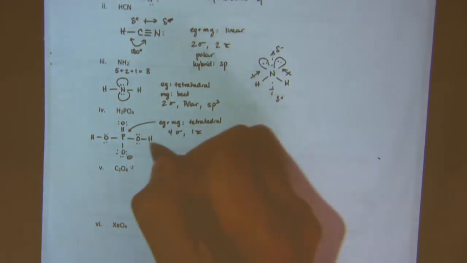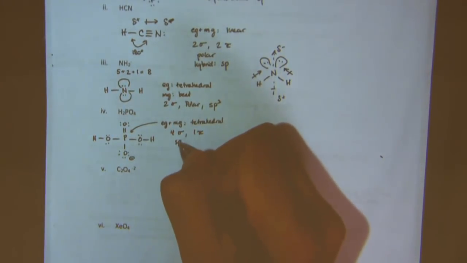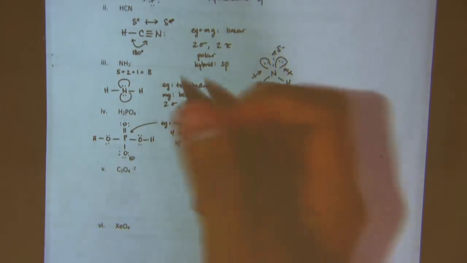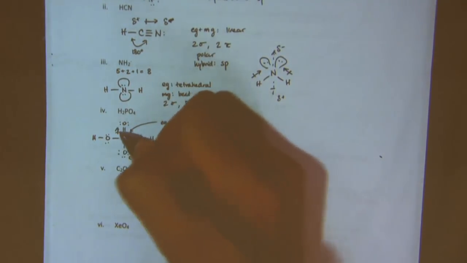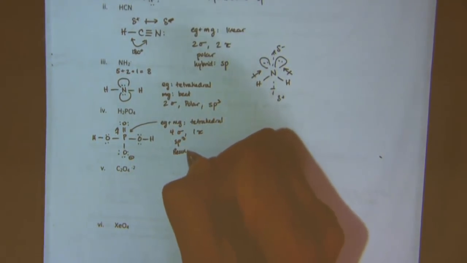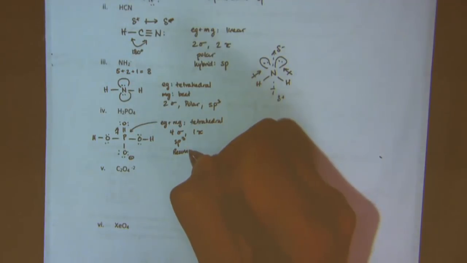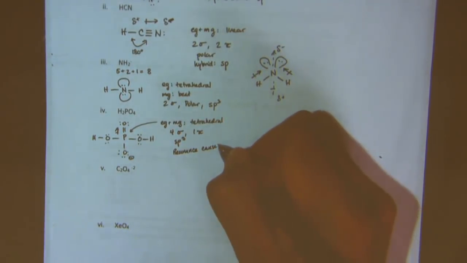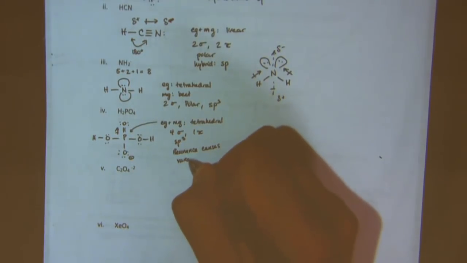And then we would have sp3. So although there's dipoles around each of these, resonance kind of complicates this because the double bond can kind of hop around. So resonance causes variation in polarity. So we can't really tell.